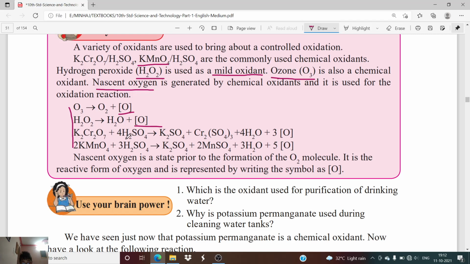But potassium dichromate is going to provide three molecules of nascent oxygen, and potassium permanganate is going to provide five molecules of nascent oxygen. The symbol of nascent oxygen is like this. Keep this in mind: nascent oxygen is represented within a square bracket. The bracket must be a square bracket, and O is written between the square brackets.